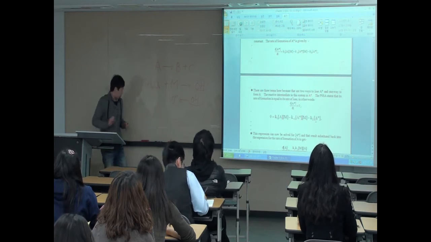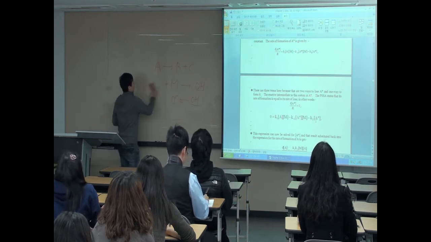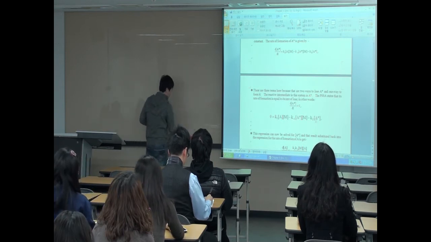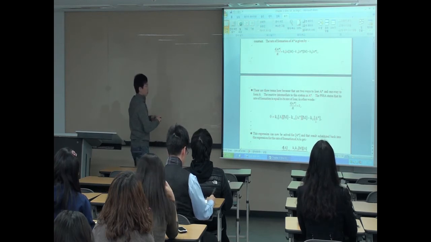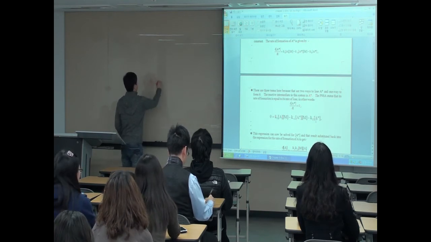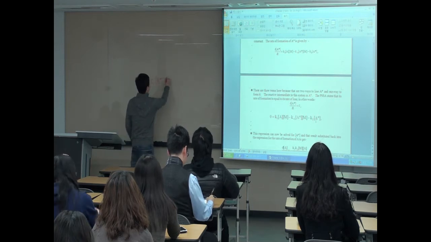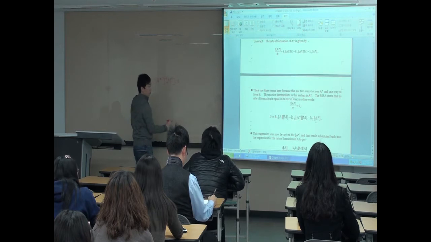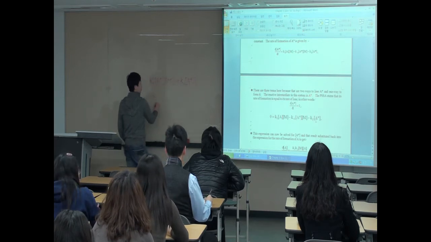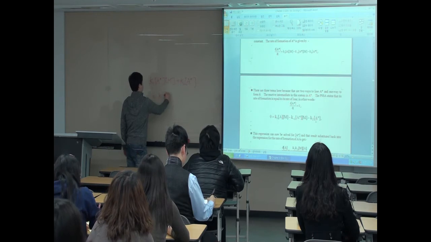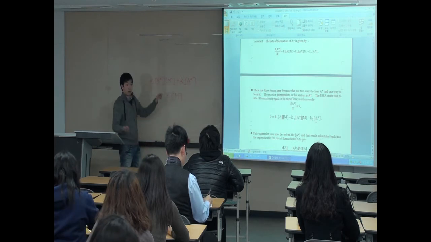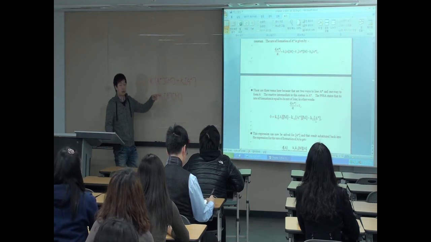If we do that, it's K1 and A star, plus K2 A star, is... we can make this kind of equation using equation 2.